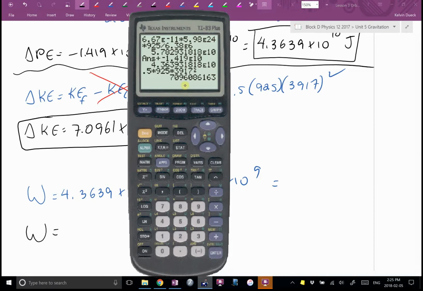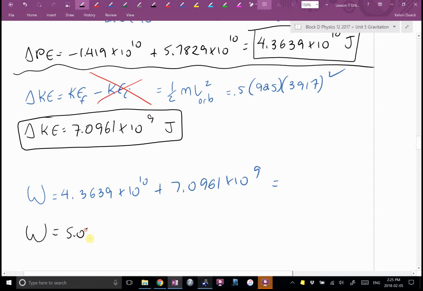So I happen to have this number still stored, so plus 4.3639 times 10 to the 10th. You're kind of seeing why I love to get the number formula, rewrite things by itself, dies. I could. It's just not worth it because I'm going to be retyping everything twice. I got 5.07 times 10 to the 10th. Joules.